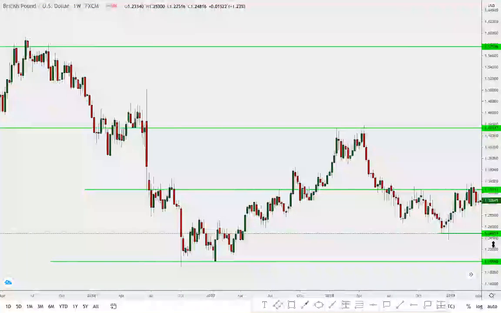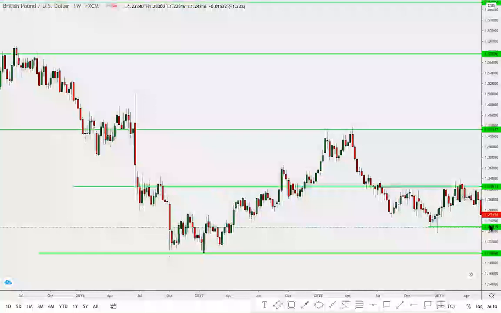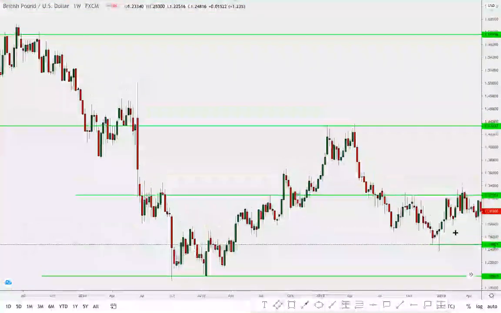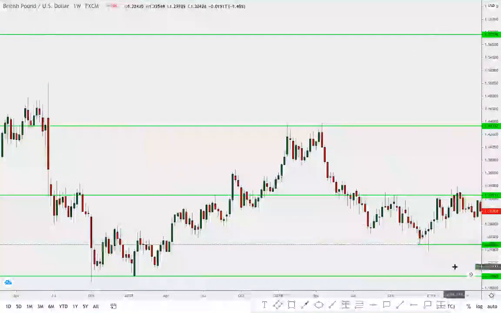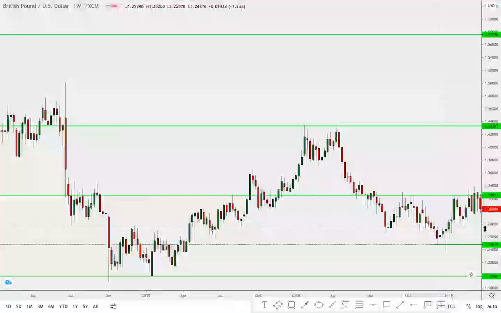As you can see very clearly, I came on the weekly time frame. This is what was happening. This is my thought process. When I came on the weekly time frame, I'm like, left shoulder, and the head is looking like a right shoulder.